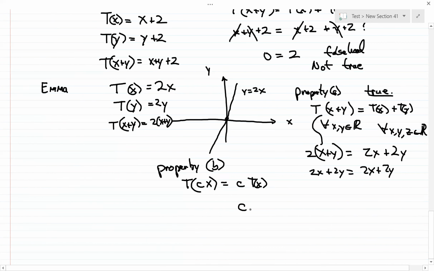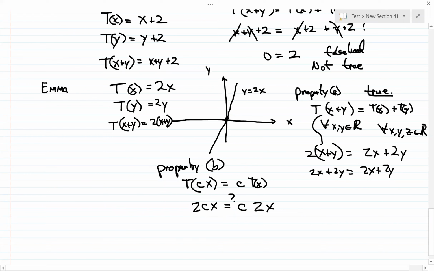So on the right side, you have c times 2x. What about on the left side? Well, whatever you give it, you just multiply it by 2. So that's 2 times cx. Are they equal? Sure. Why? Associative property? No, not even associative. Take it back. Commutative property, right? You're commuting the order of these two.